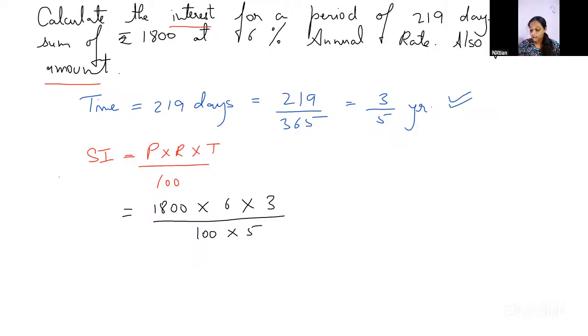Cancel the zeros. Multiply and find out the answer and tell me the simple interest.